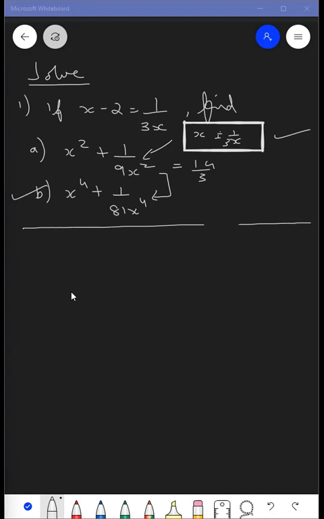Ananya, no, check your answer. There's a small mistake in calculation, I guess. You're very close to the answer, some calculation error, I guess. Rest of you, hurry up.